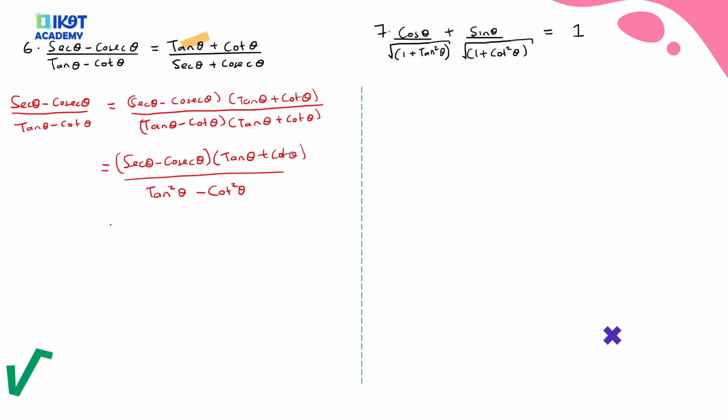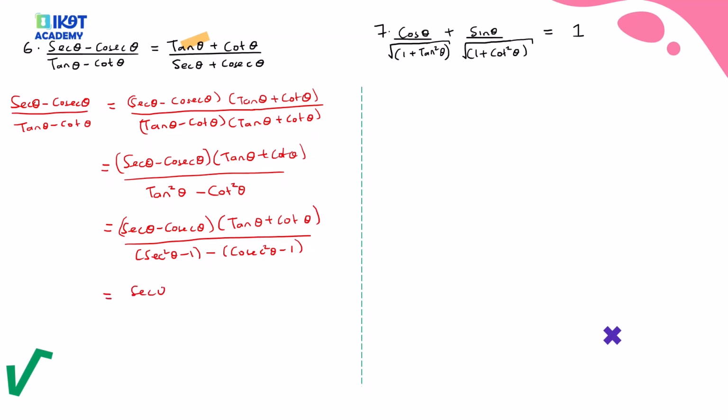Though I'm not going to expand it to show how we derive the formula, if you go back to where we derived it, or even the previous example, you realize that we said tan squared theta is the same as sec squared theta minus 1, and cot squared theta is the same as cosec squared theta minus 1. So what do we have here?